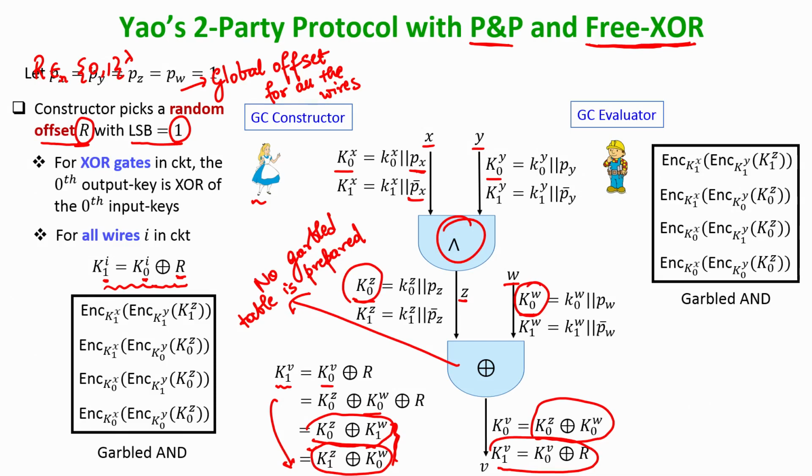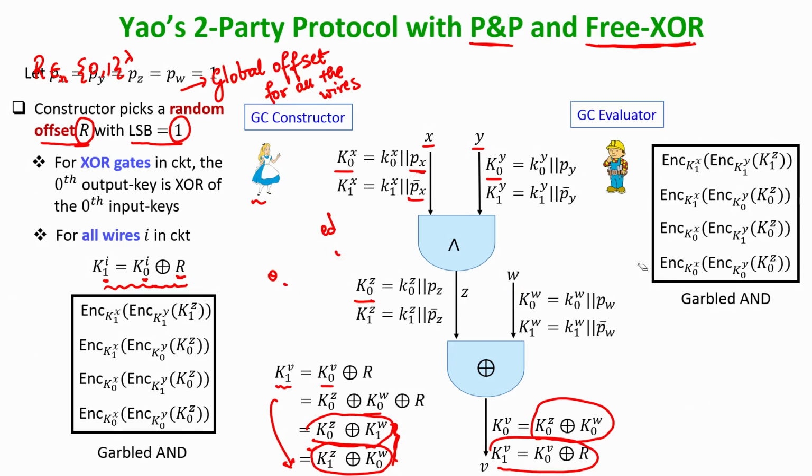So, at the time of evaluation, the evaluator will obtain only one table, because it is only one gate which is garbled in this example. So, he will obtain a set of 4 shuffled ciphertexts, and again imagine that the values of x, y and w are this.